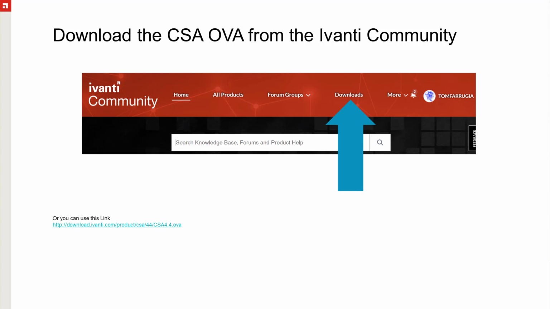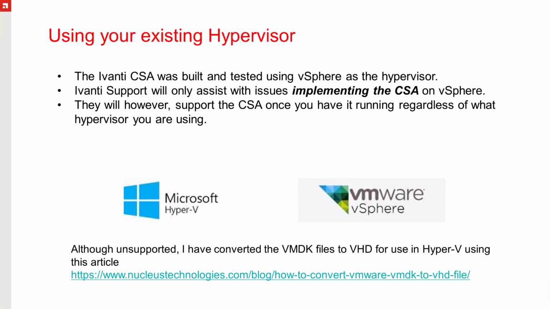And so we're going to click on the Downloads tab, and you're going to go to the Cloud Service Appliance link and download from there, or you can just click on this and it will start the download of the OVA.